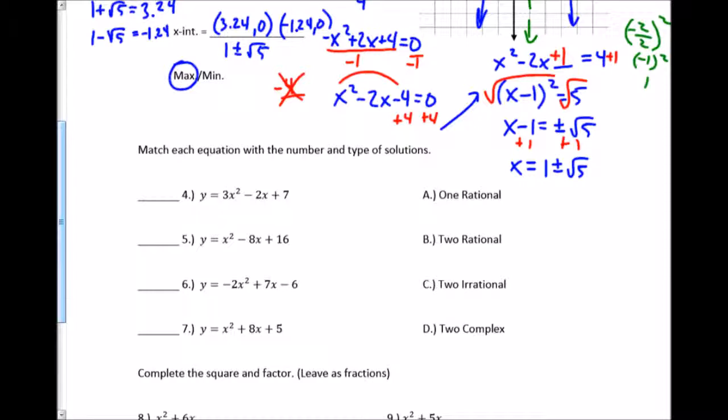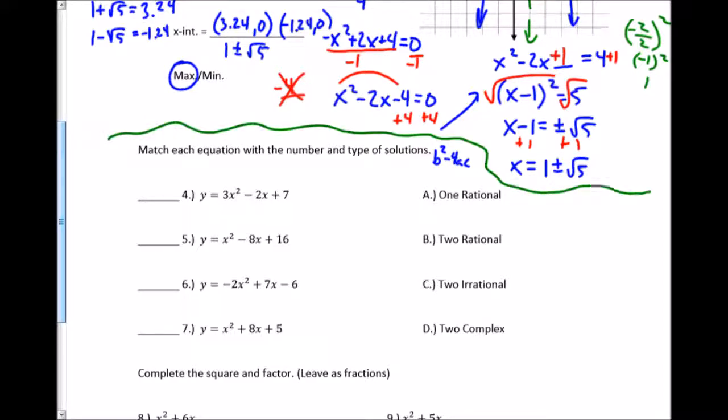For these, I just want the number and type of solution, so I'm just going to use the discriminant. So I do the b squared minus 4ac, because my discriminant will tell me what kind of solutions I have. So when I do that, that's going to be negative 2 squared minus 4 times a, which is 3, times c, which is 7.